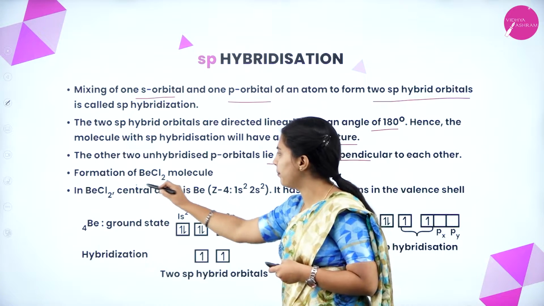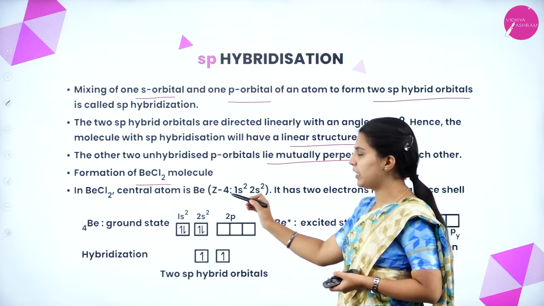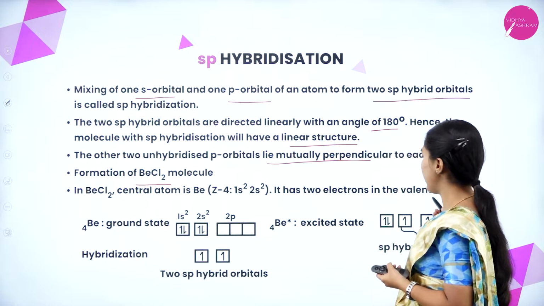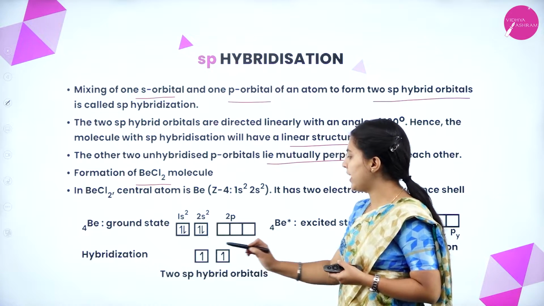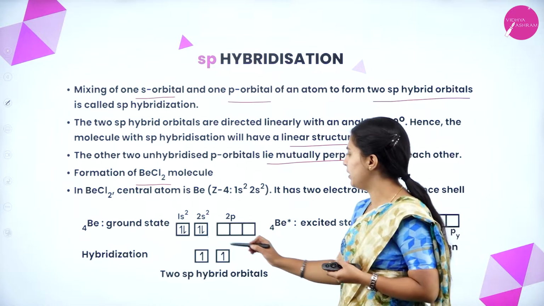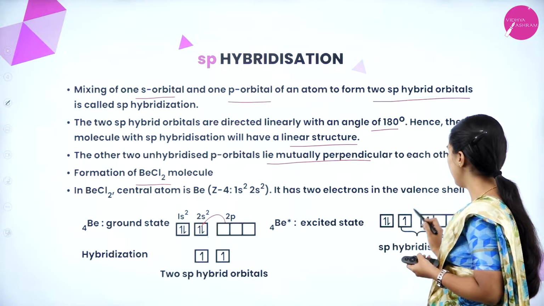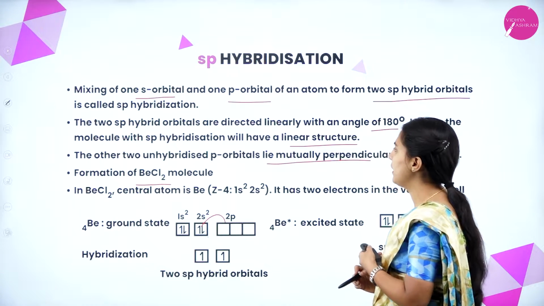For example, BeCl2. In BeCl2, the central atom is beryllium, atomic number 4, 1s2, 2s2. It has 2 electrons in the valence shell. See here, 2 electrons in the valence shell. For 2 sp hybrid orbitals, in the excited state it will jump here. See here, only s1, p1. px, py are mutually perpendicular, so linear in structure.